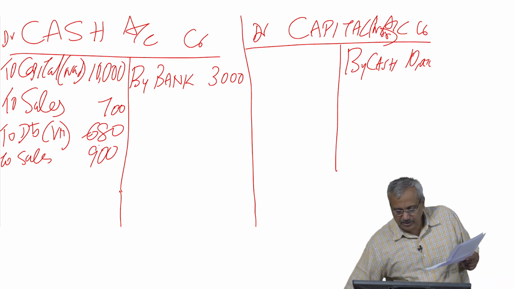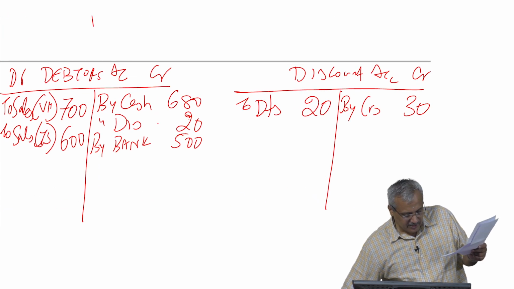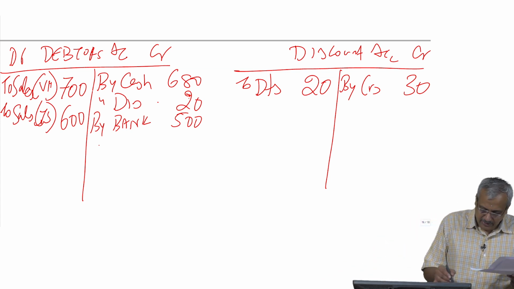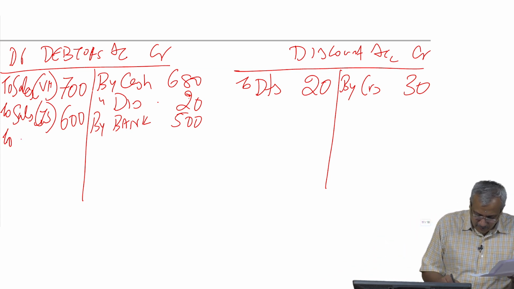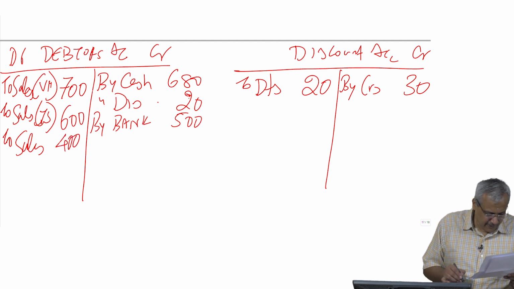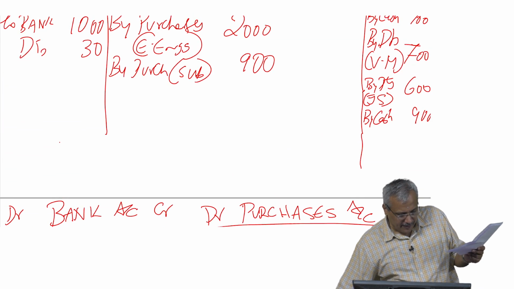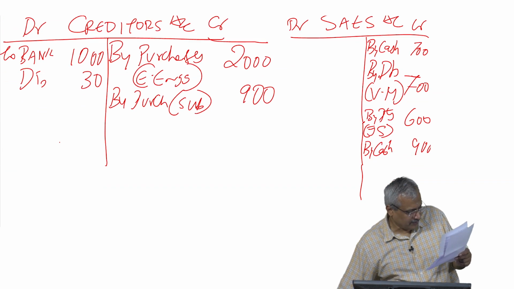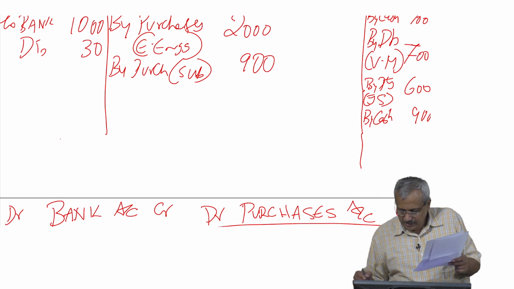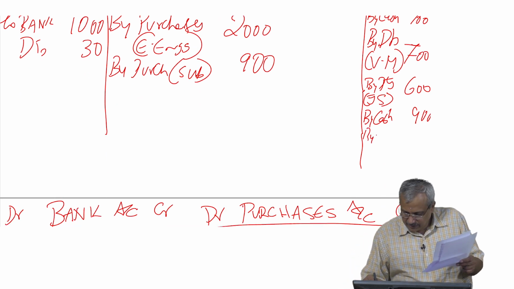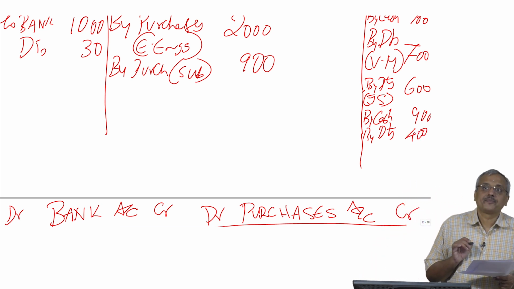The amount in this case is 400. Then I move to my sales account and say by debtors, amount 400.